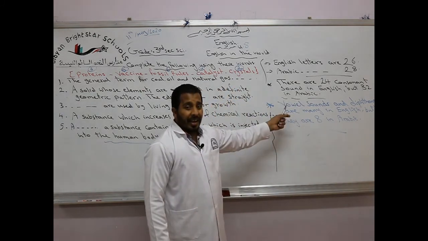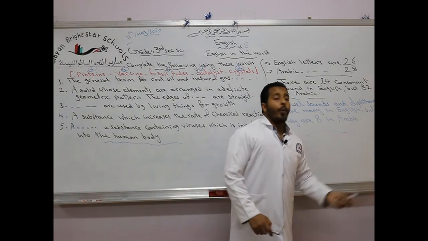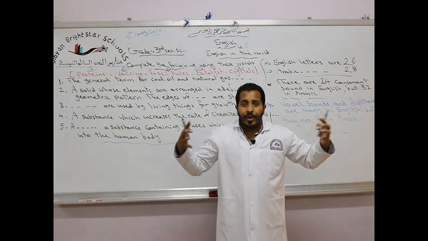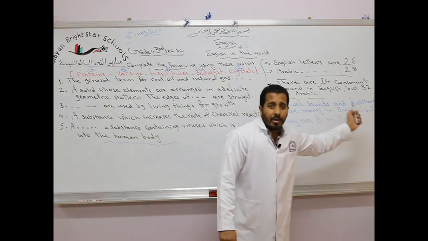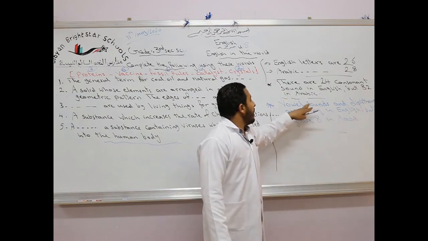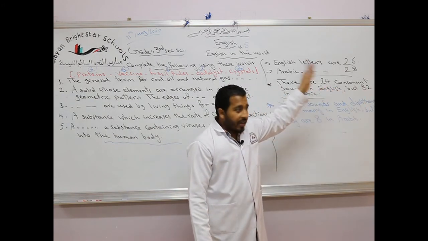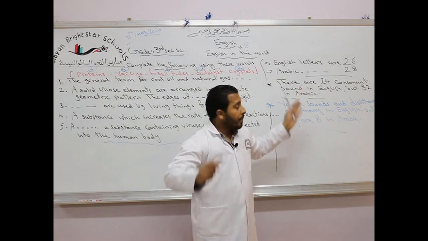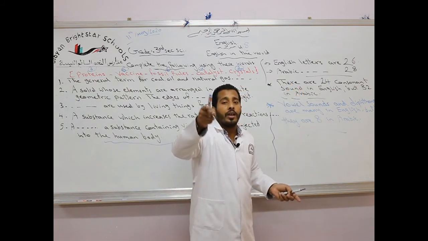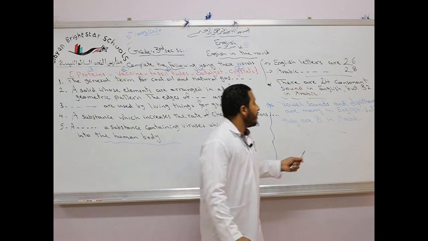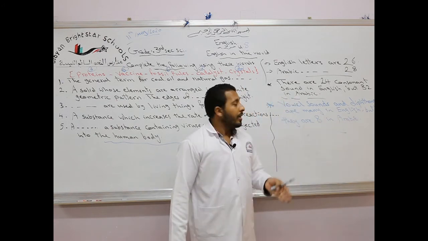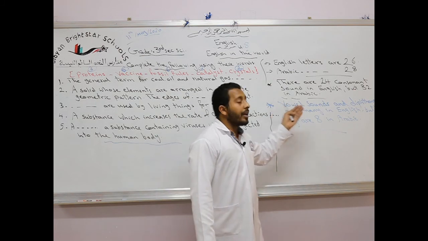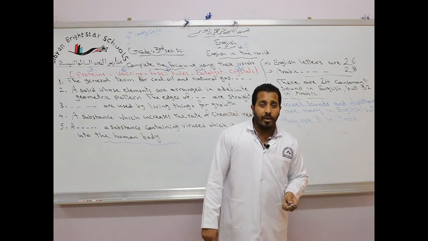Diphthongs are when two vowel sounds come together. In English there are many, because any two vowel sounds that come together are called a diphthong. But they are 8 in Arabic.